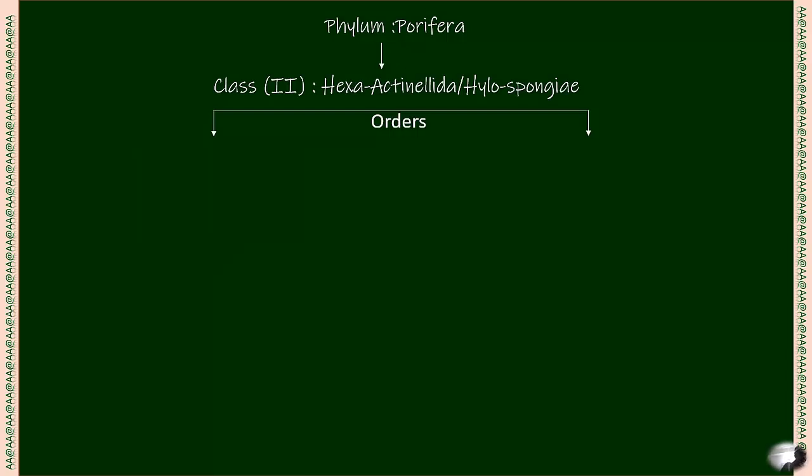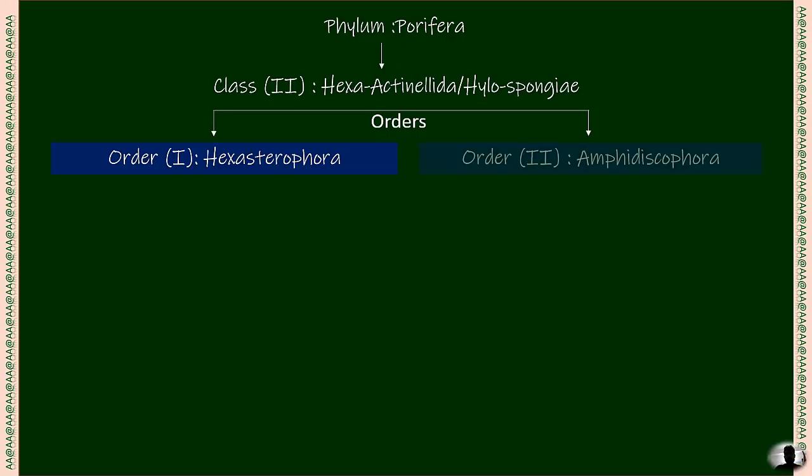And here there are two orders, Hexasterophora and Amphidiscophora. Remember, in case of Hexasterophora, the spicules are hexasters.